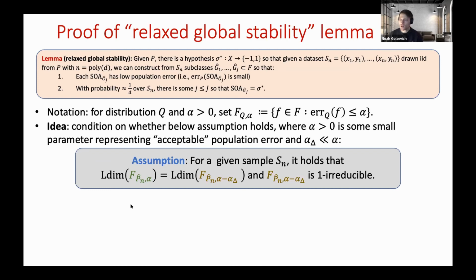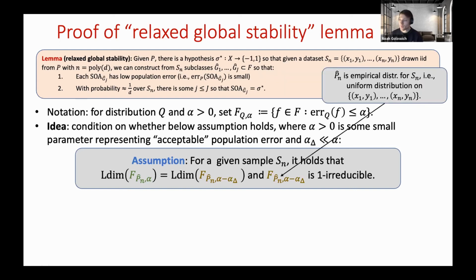First of all, the Littlestone dimension of the set of hypotheses in F with empirical error at most alpha is equal to the Littlestone dimension of the set of hypotheses in F with empirical error at most alpha minus alpha delta. So the empirical measure Pn hat is simply the uniform distribution on the examples x1, y1 through xn, yn.